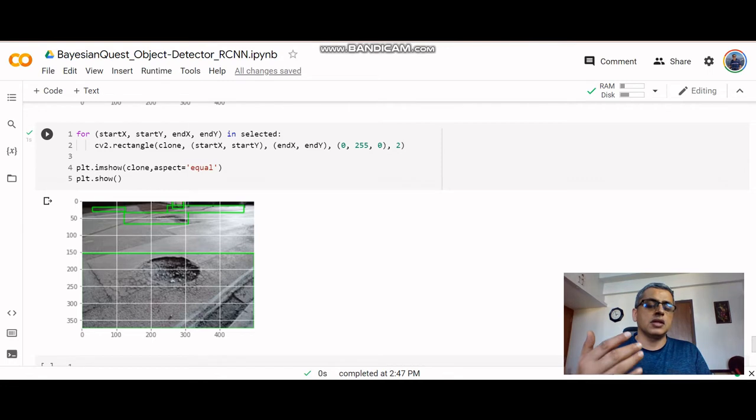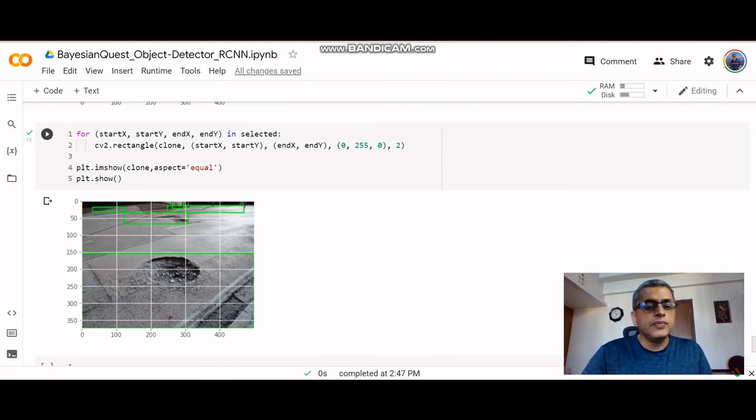Let's consider a company that wants to identify the area in which it has to look for potholes, so that it can do repair work. Obviously you'll have to look at this complete area, because all the potholes are there and it's all broken down. You will have to look at the complete area where you have to repair.